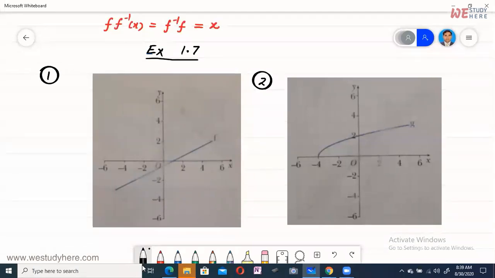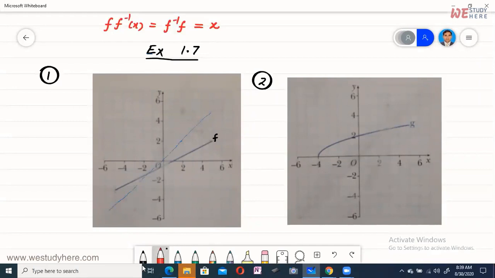On a copy of the grid, draw the graph of inverse of the function. To draw the graph of this function, we need to draw first of all the straight line y is equal to x. This is the line y is equal to x.